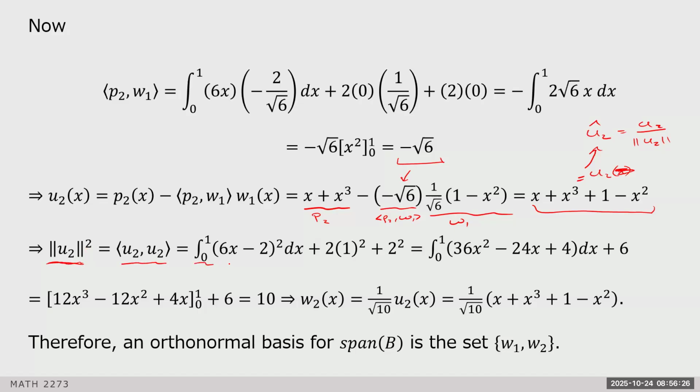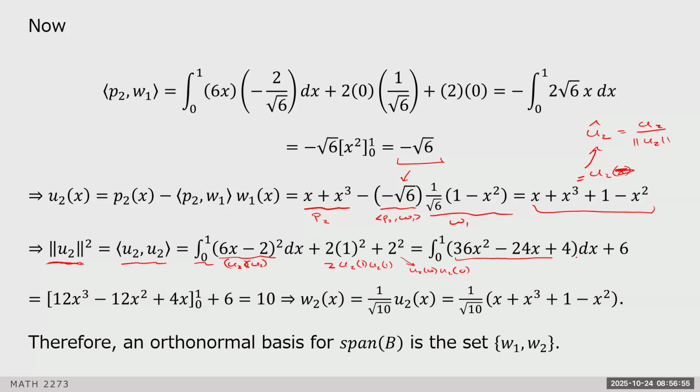That is the integral of U2 times U2, so U2 squared, plus 2 times U2 evaluated at 1 times U2 evaluated at 1, and the second one I think was evaluated at 0.